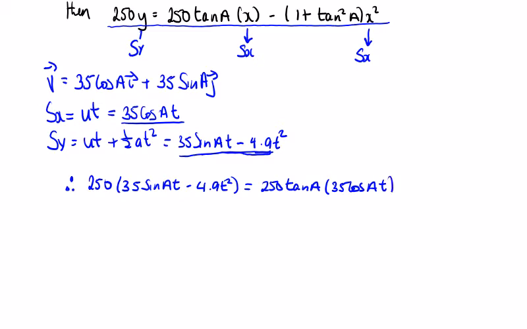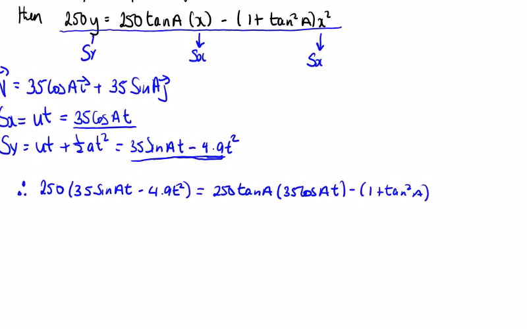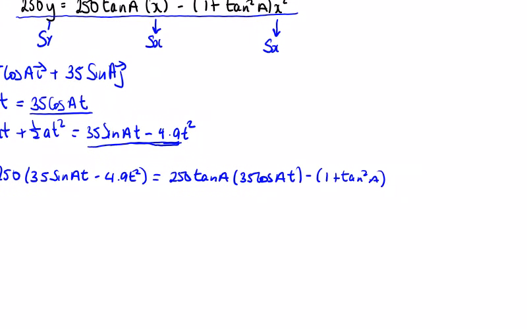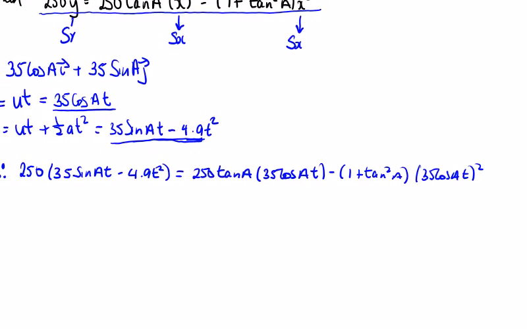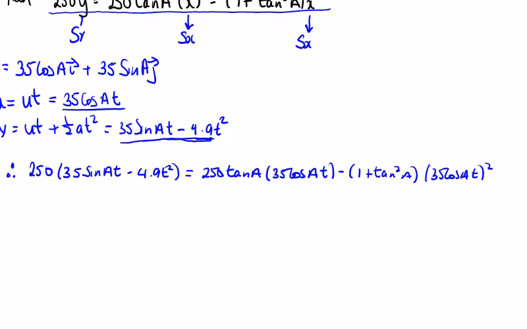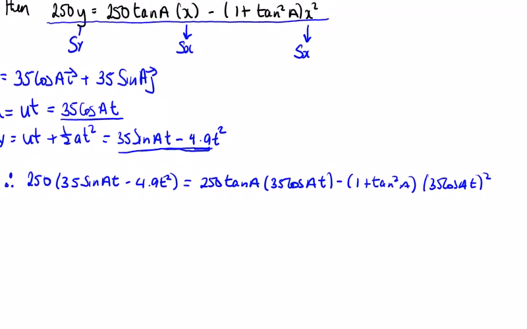And then I'm going to have minus 1 plus tan squared A times x squared, displacement in x squared, 35 cos alpha times t to be squared. Okay, we're going to have a t squared, we're going to have t, so we definitely should be able to simplify this down.